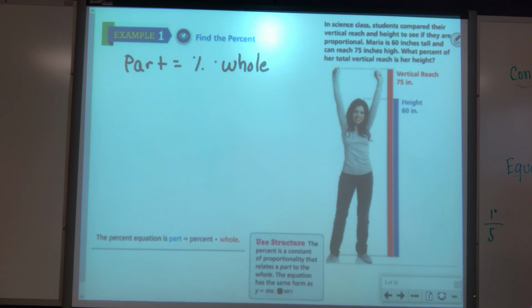What's the easiest part or the easiest piece of the equation to fill in? Well, how do you know what's the part and what's the whole?